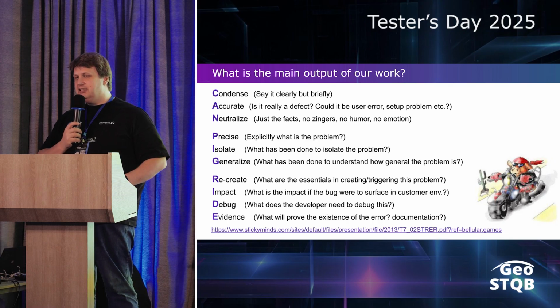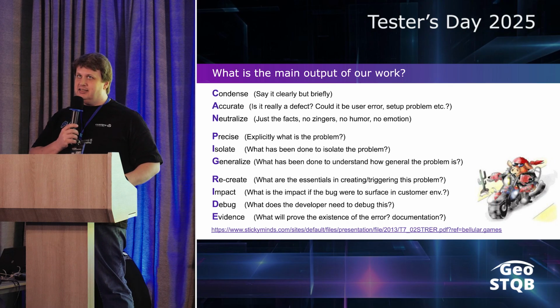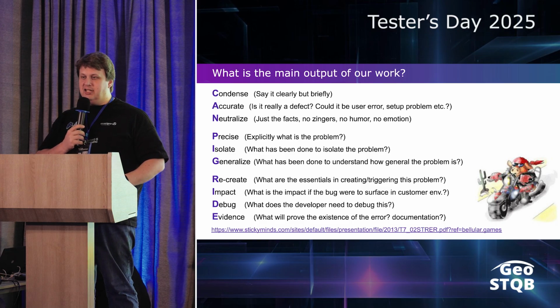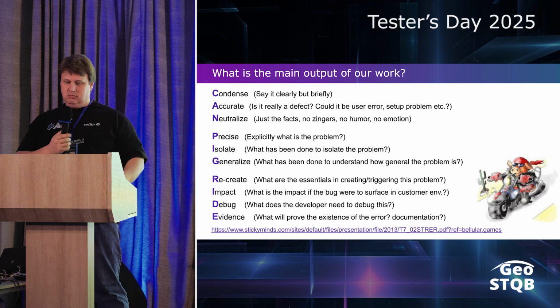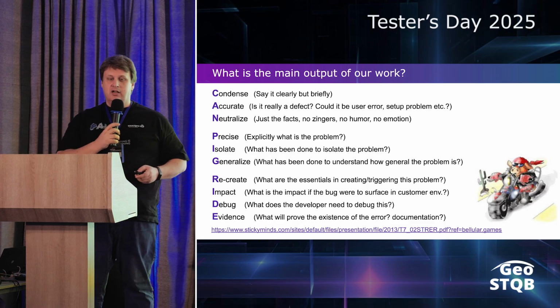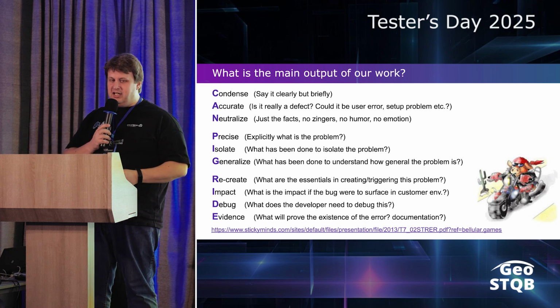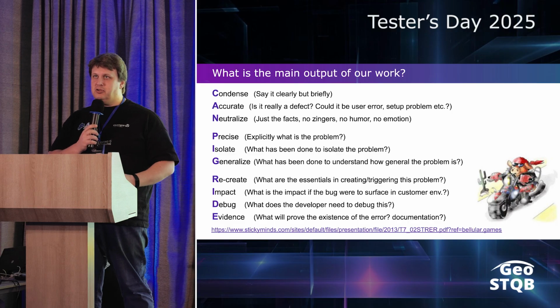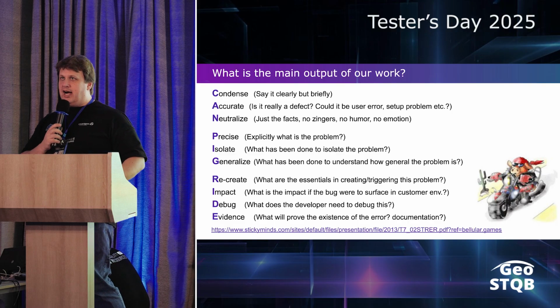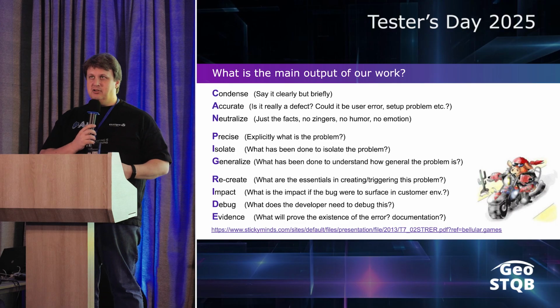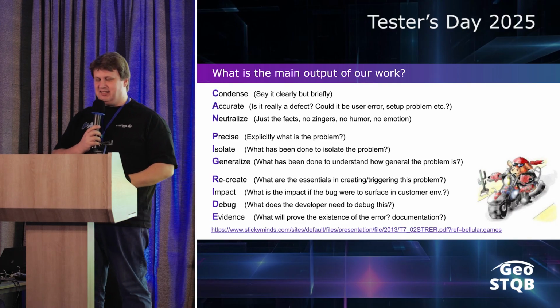If you look at this list, you will also notice that they, to a degree, represent the ability to think and the intelligence of the software tester. In particular, the ability to generalize or isolate the problem is something that separates a very intelligent software tester from an ordinary one.